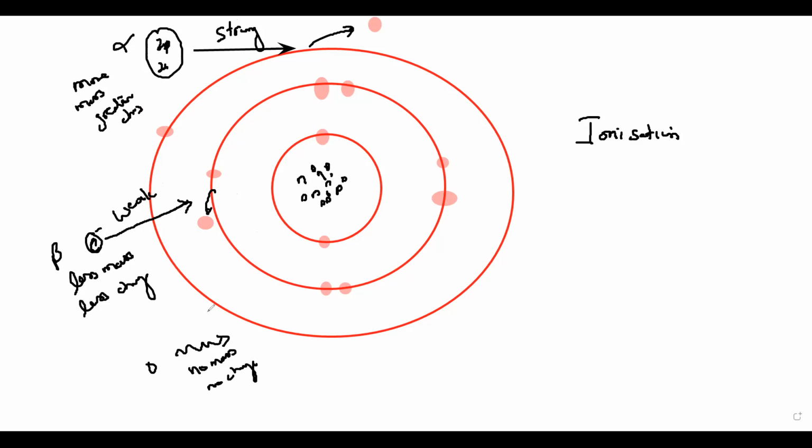And gamma radiation has a very, very weak capability. So when we compare the ionizing power, the ability of these radiations to knock out an electron from an atom, alpha is the strongest, followed by beta, which is weak, and gamma is very weak.